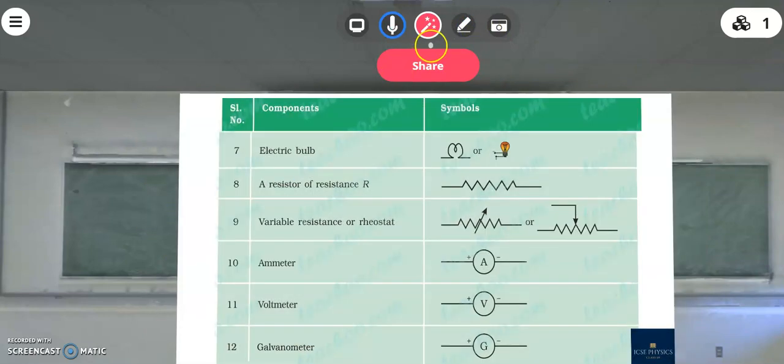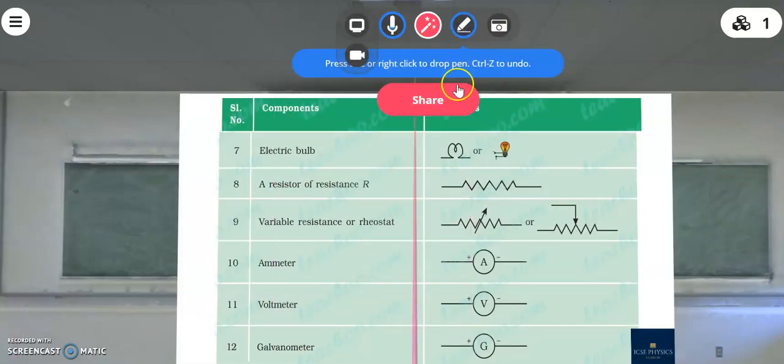Now you can see how a bulb is represented here. Bulb is represented like this. And a resistor, we know the symbol of resistor, and when the resistance is variable, or it can be changing from 3 to 5 or 5 to 3, variable resistance, then it's marked with an arrow.